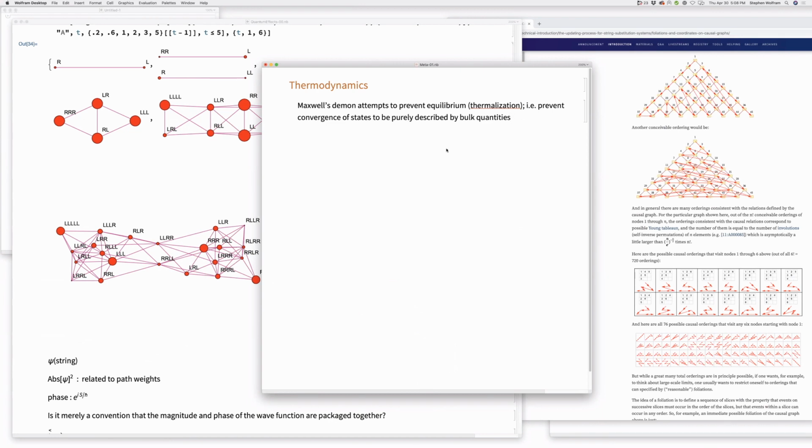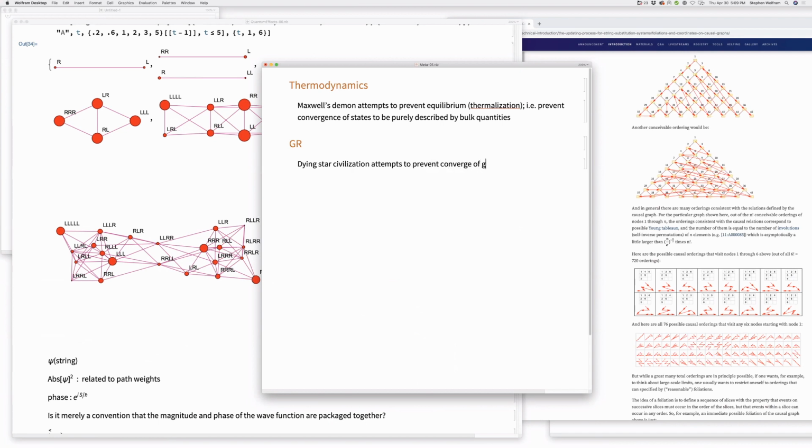So the analog, in general relativity, is the dying star civilization attempts to prevent convergence to a black hole.